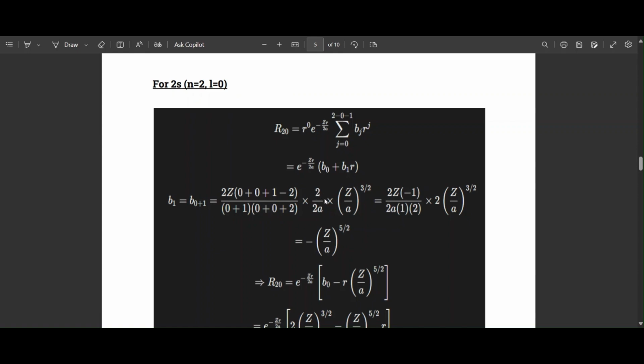And this 2 into Z upon a whole to the power 3 by 2 is our b0. So by calculations we got this thing, 2Z minus 1 upon 2a, 2 into 2, into this is your b0, this is your 2Z upon 2a which we already had, and this is the value of j plus l plus 1 minus n, this is the value of j plus l, and this is the value of j plus 2l plus 2.